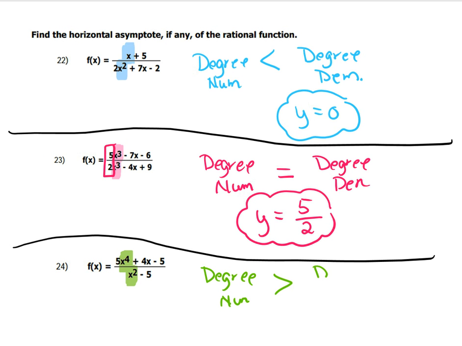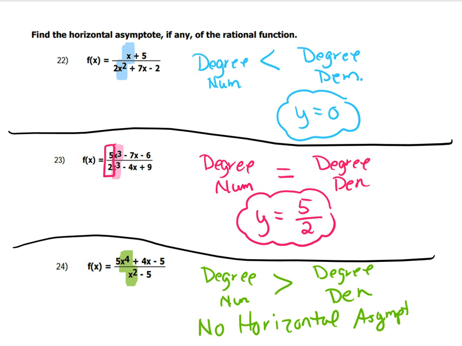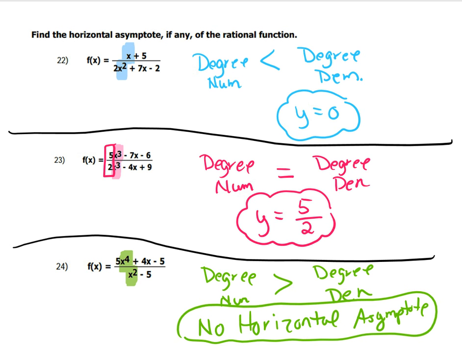And when that happens, there is no horizontal asymptote. Now, it's possible that there's an oblique one, but not necessarily. That's a totally different question, which is coming up next. So that's those 3 questions.